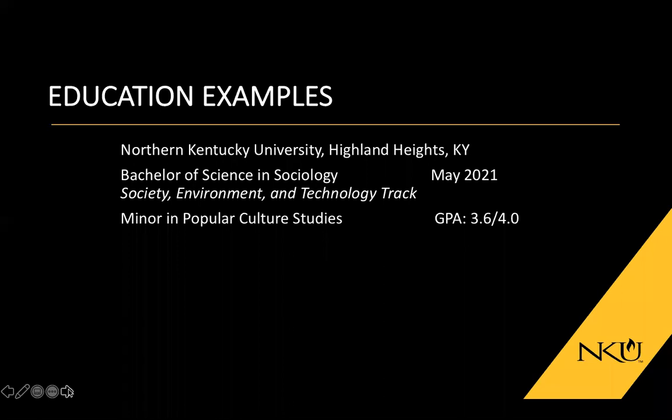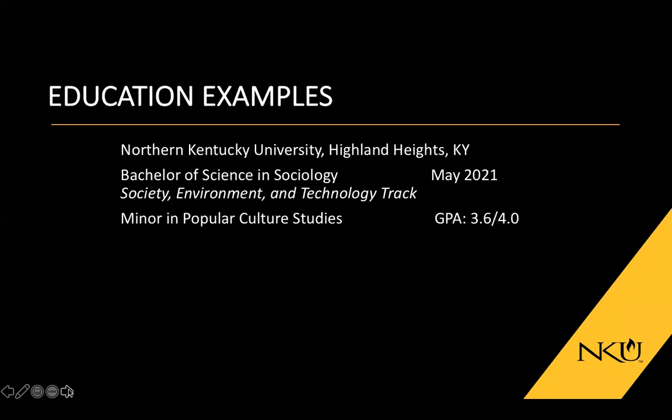Here's an example of how you should set up your education category. When listing your education, you should be sure to include the name and location of your college. So, Northern Kentucky University, Highland Heights, Kentucky. It is important to remember to put your degree, including Bachelor of Science or Art or whatever degree you're obtaining, along with your major that you are obtaining.